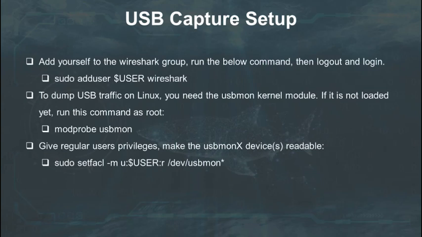So if it's not loaded yet, please run this command as root: modprobe usbmon. And you should also give regular users privileges and make the usbmon devices readable by typing the below command, sudo setfacl and so on, in your terminal.